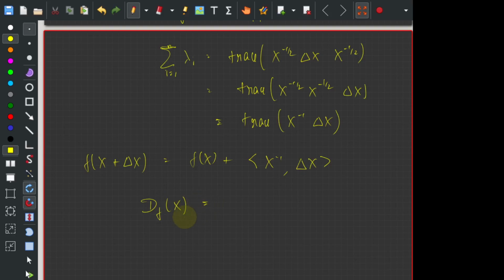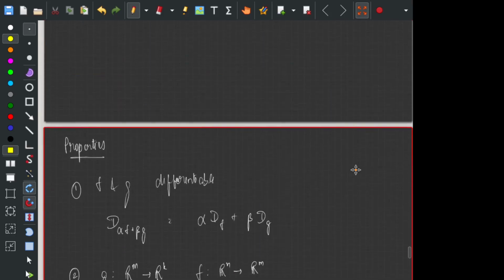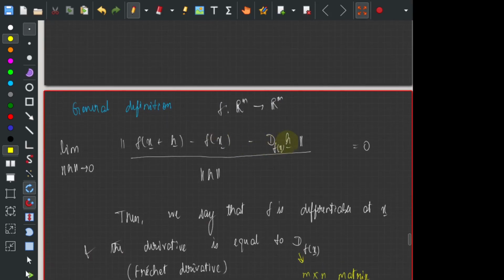So what is the derivative equal to? We take the limit as delta x goes to 0 of f of x plus delta x minus f of x by delta x. Correct. But what is that equal to? Again, recall this is the general definition, right?